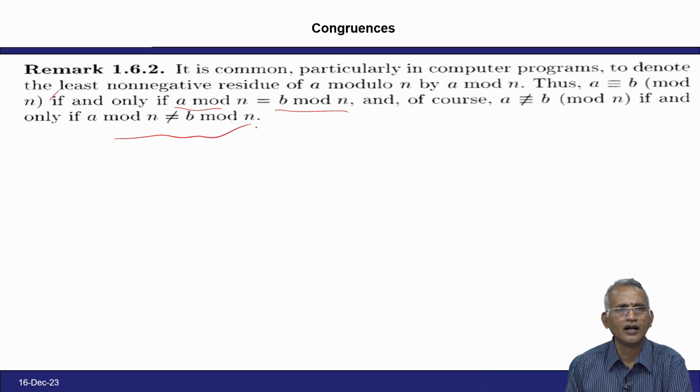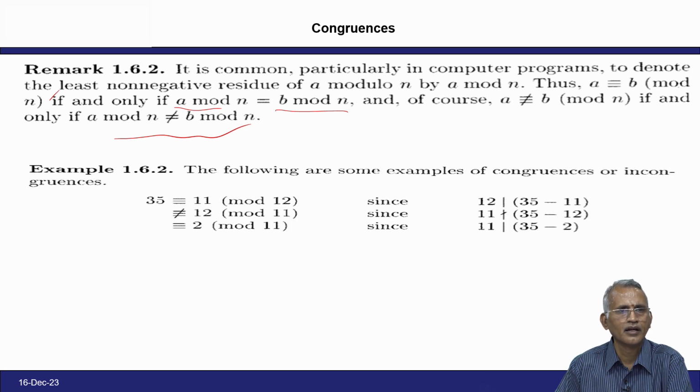So, this way we can denote congruence of one number to another number. For example, the following are some examples of congruences or incongruences. You take 35 divided by 12, the remainder is 11, therefore 35 and 11 are congruent to one another.